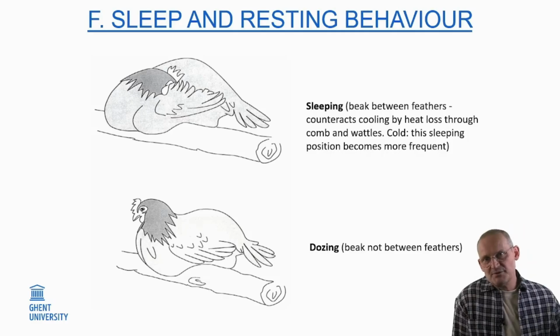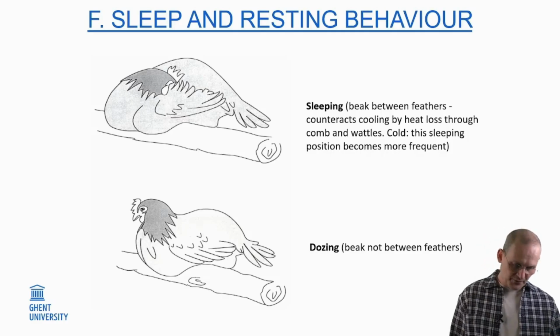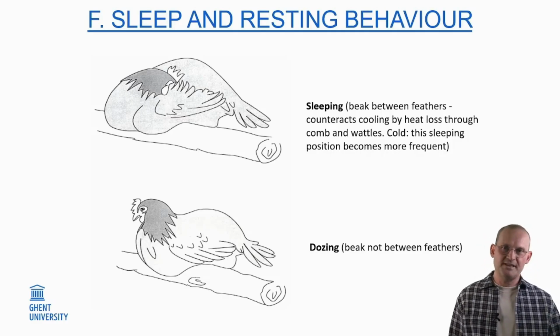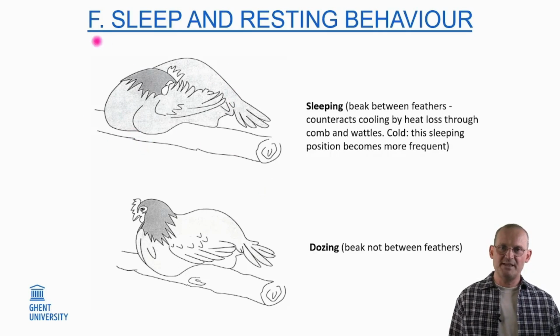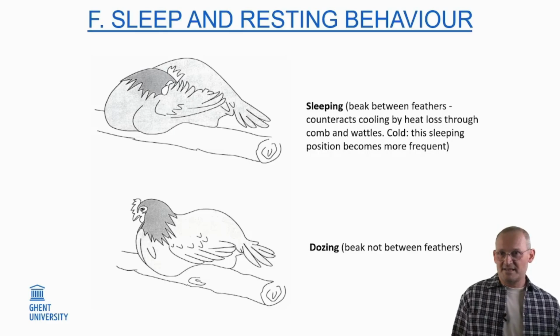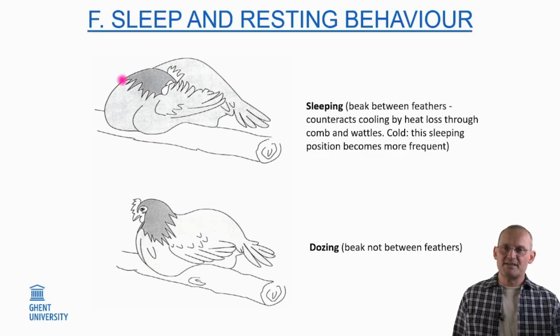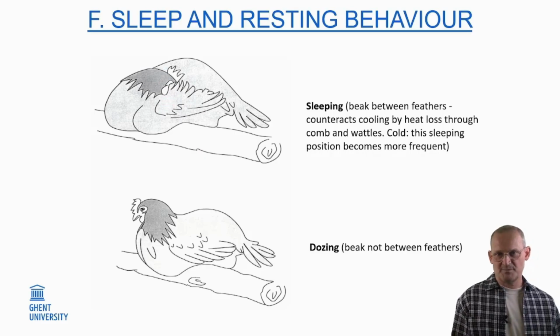So let's now turn to sleep and resting behavior. What you see here is a typical sleeping behavior of a hen, often with the beak tucked in between the feathers, and this is believed to be a strategy against heat loss and cooling down during the night, and that is supported by observation: we see more of this head tucking between the feathers during cold nights than during warm nights.